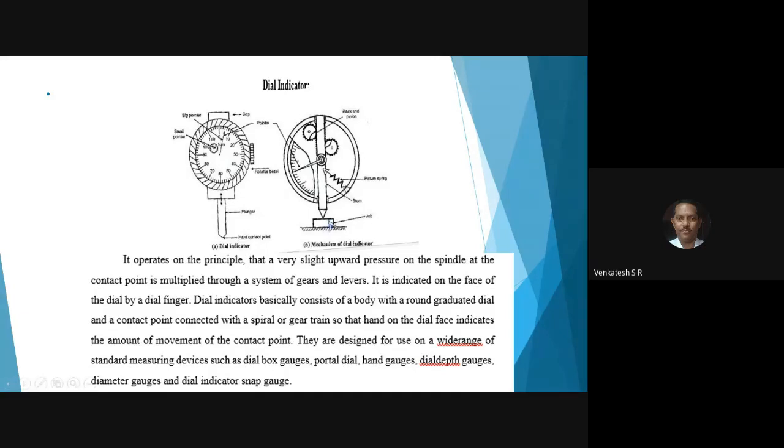Then keep the workpiece or job below the plunger. See the movement of the pointer. If the pointer is within the upper limit and lower limit, then accept the job. This is the principle of operation of the dial indicator.